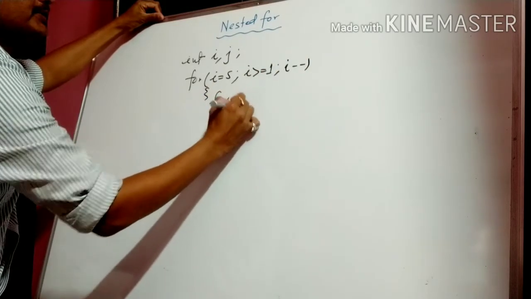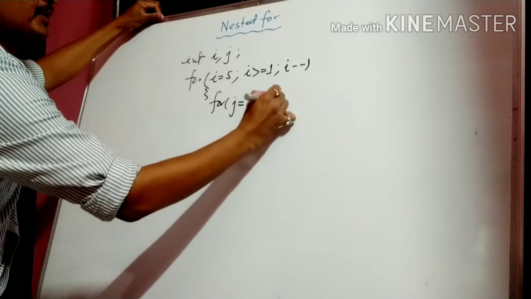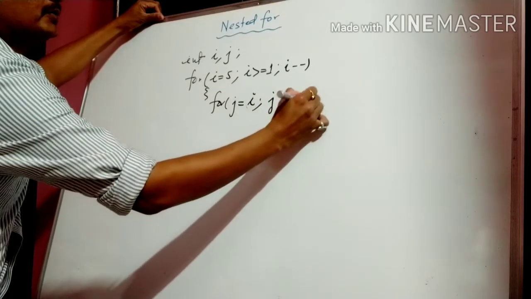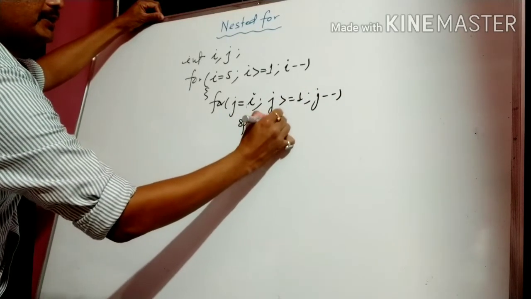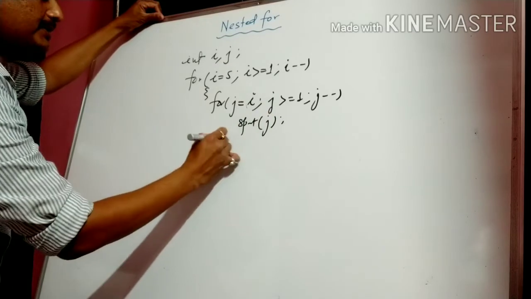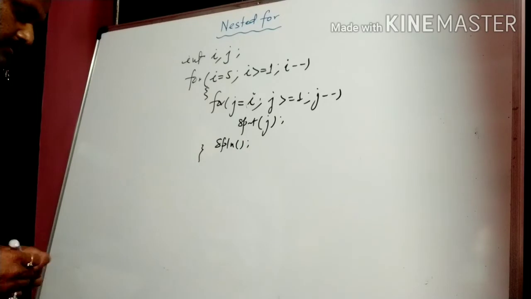For j is equal to I, j greater than equal to 1, and j minus minus. This is print. Inner for always will be print, as I discussed in the previous clip. So can you tell me the output of this one?